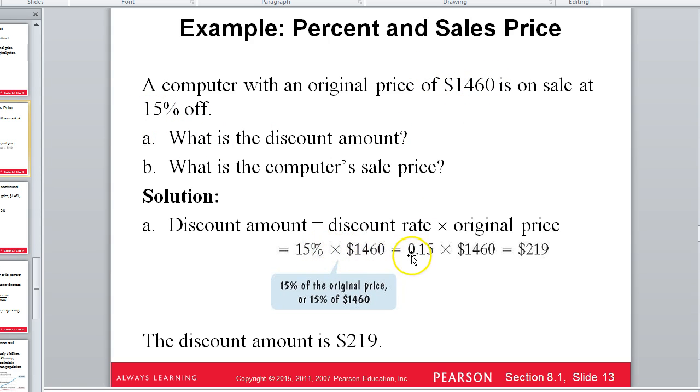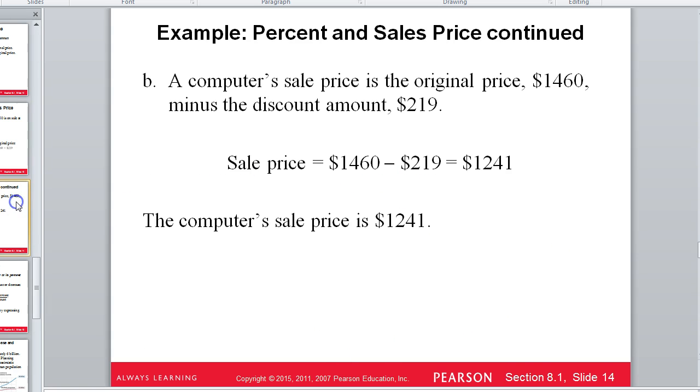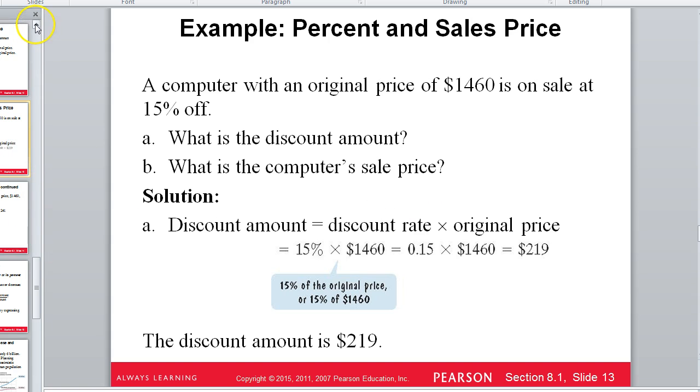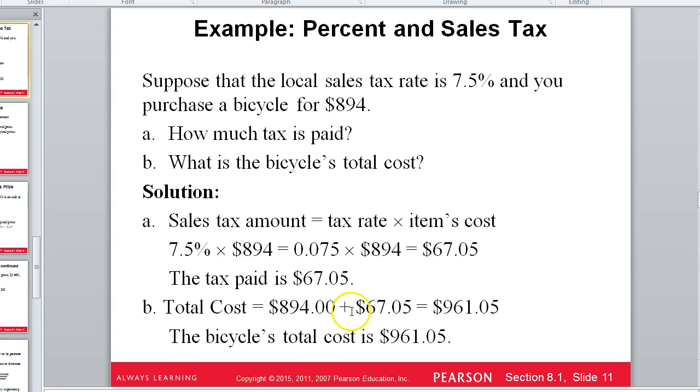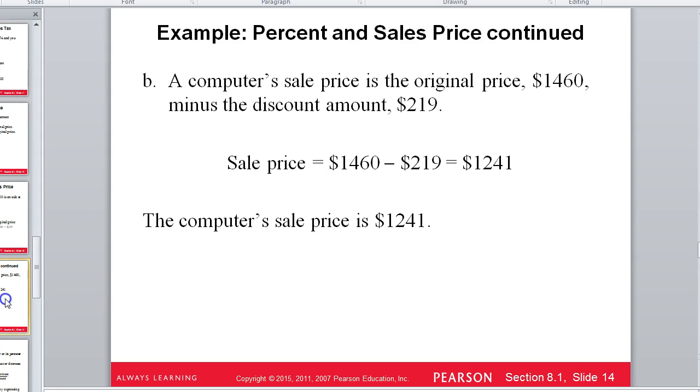So we're going to multiply that again, change it to a decimal form, and then we're going to take that 219, the discount, away from the computer's original 1460 price to get the discounted price. Okay, so the discount is taken away to get your sales price, and then remember the tax stuff is added. So we add tax, we subtract discounts.